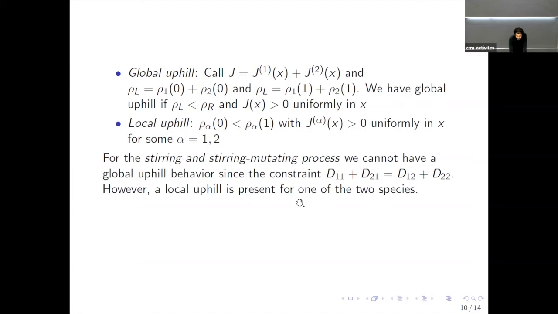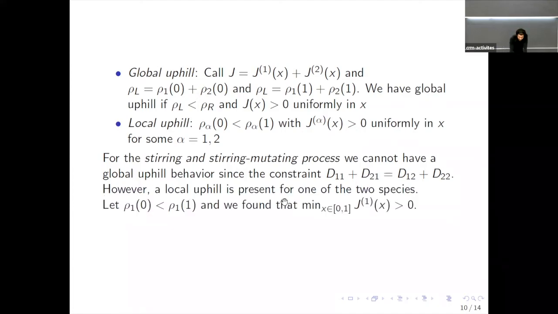But we can have a local uphill that is carried out, for example, for the first species, by fixing the left density lower than the right density, and we can build up a situation where the current is positive, its minimum in x is positive.